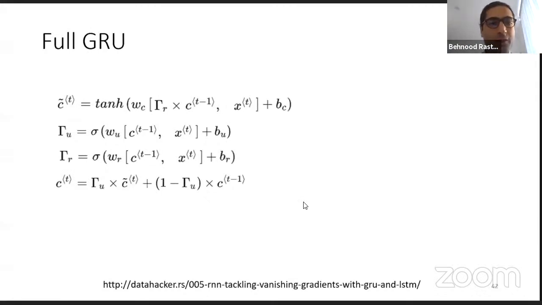Then we have the full GRU, and the main difference between the full GRU and the simplified version is that it has another gate called the relevance gate.